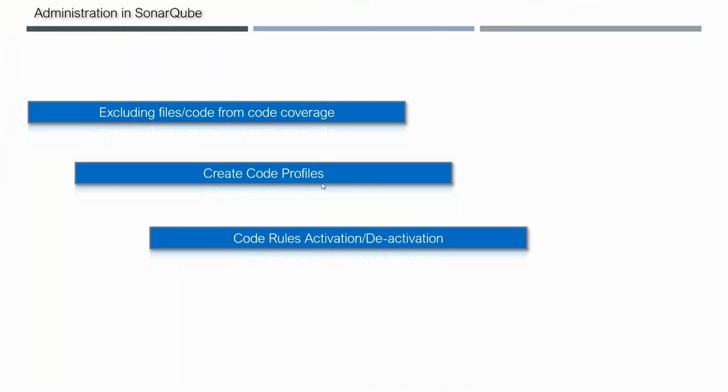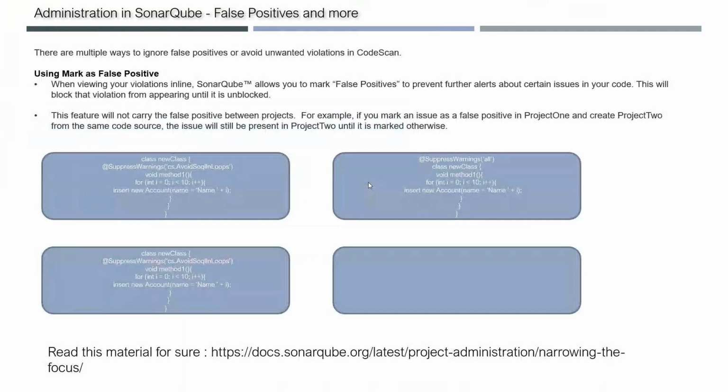Because in your default code profile there will be some 100 rules to be analyzed for any given project, but in some cases you may not want to apply all 100 rules on your project. I will come to that one, but first do this one.